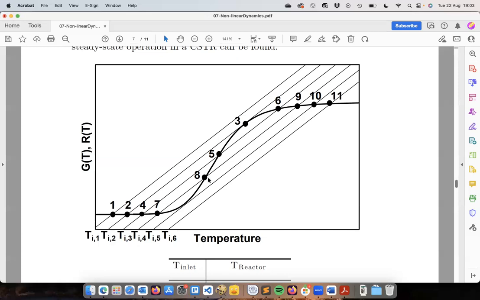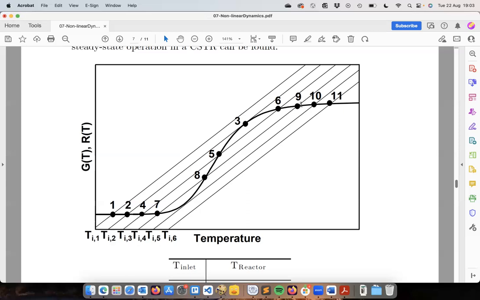It is a steady state. We do have G and R equal, but the moment we deviate from it slightly, we tend to fall away from it. If the temperature drops a little, it's going to fall down to steady state 7. If the temperature rises a little, it's going to rise up to steady state 9, right?